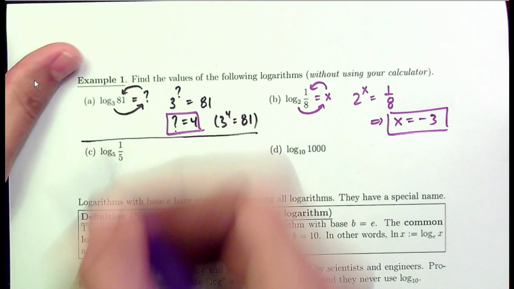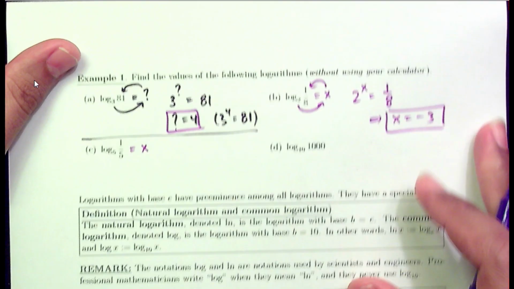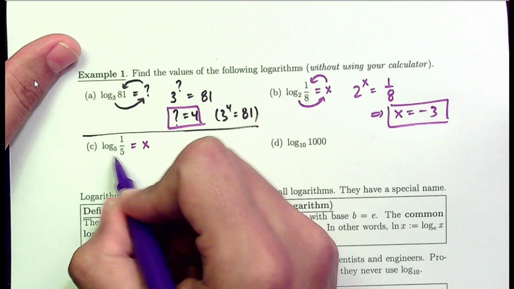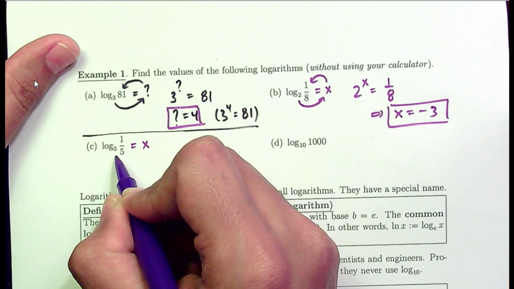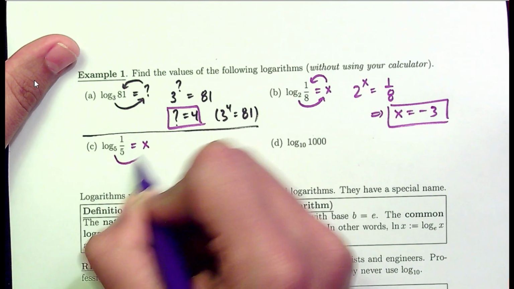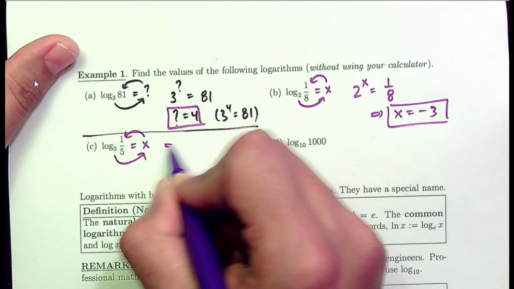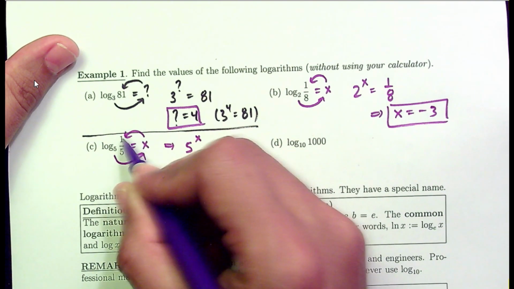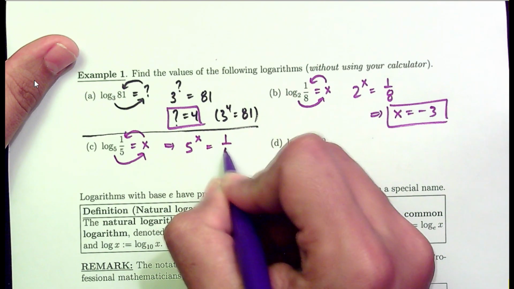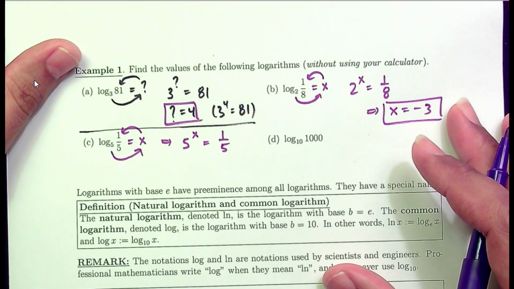Okay, let's do it. So now let's call this one x, and we apply the diagram to reinterpret this using exponents. So 5 to the x equals 1/5. So 5 to the what is 1/5?